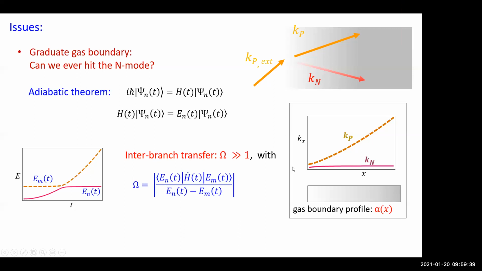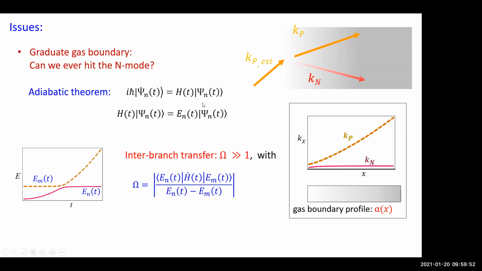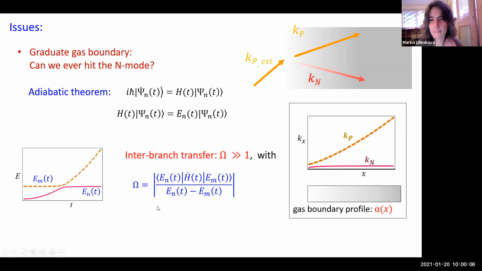What is the analog of energy in that case? K states, the wave vectors of my modes. They are my quantum numbers. So at every x coordinate, you have different K values. Exactly.